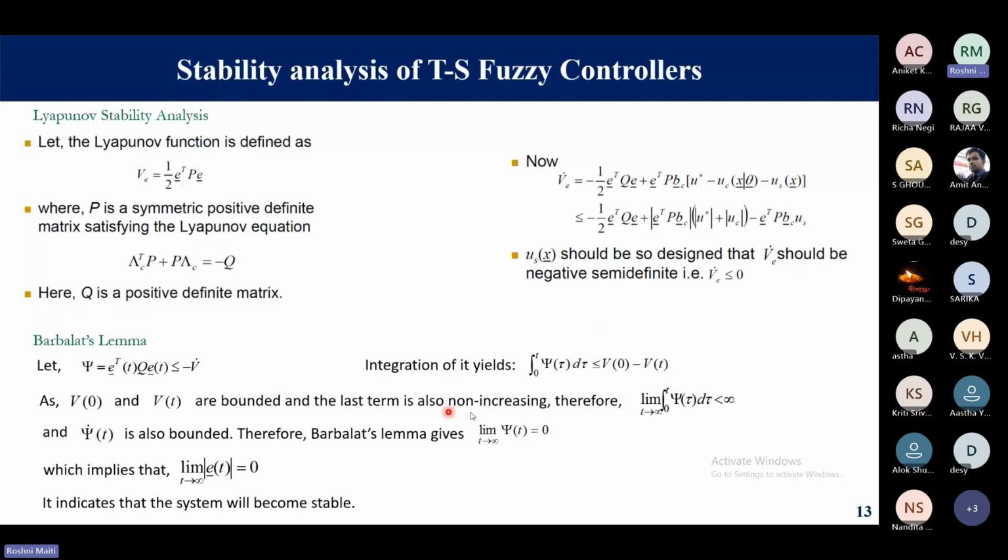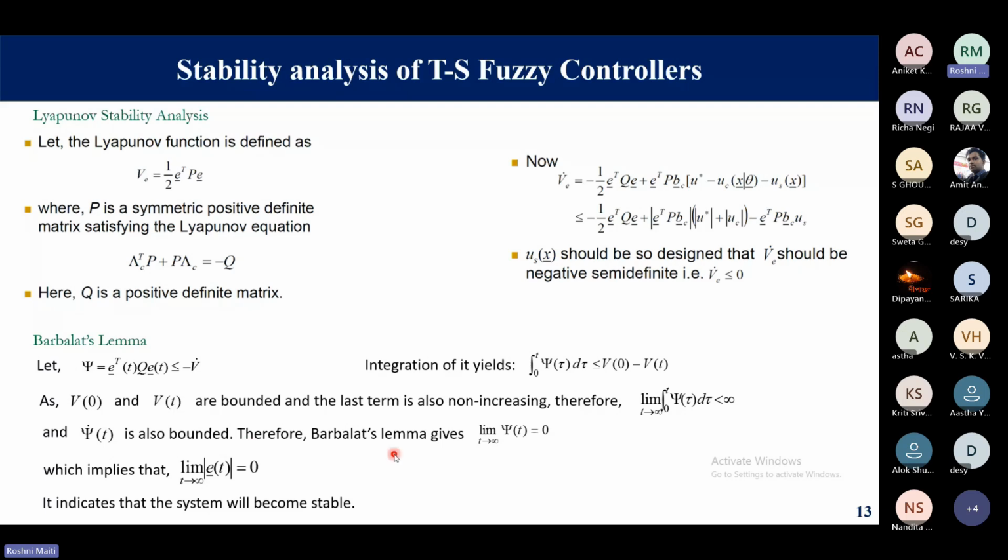So this one is also non-increasing. Therefore, if we take the integration of this term, it should be less than infinity, and this Barbalat's lemma operator, this psi dot t, will be bounded.